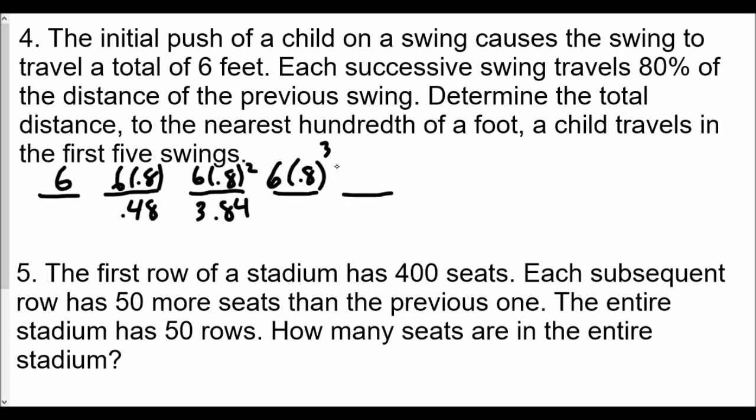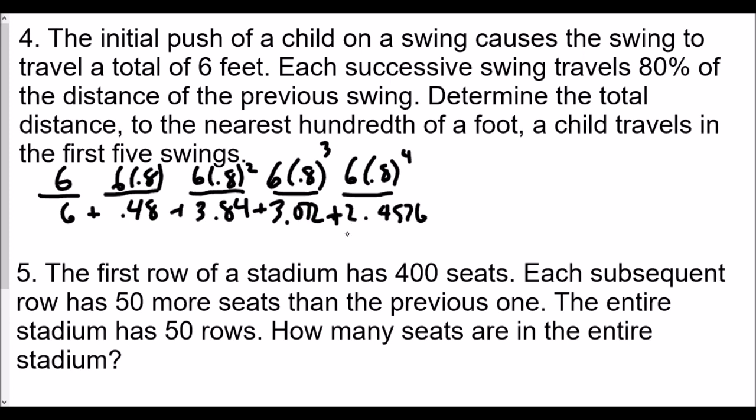So we would get 3.072. And then finally, the fifth swing would be 6 times 0.8 to the fourth power, and that gives us a value of 2.4576.